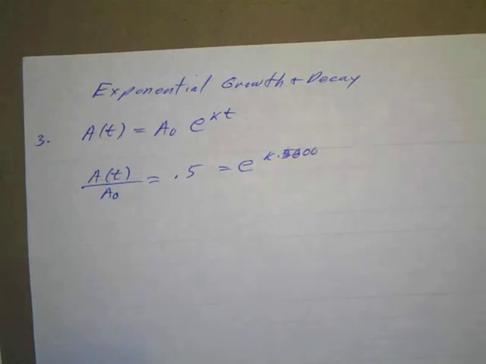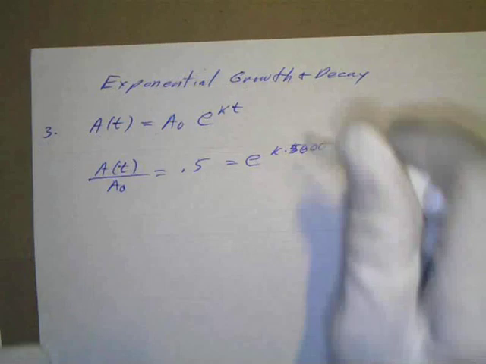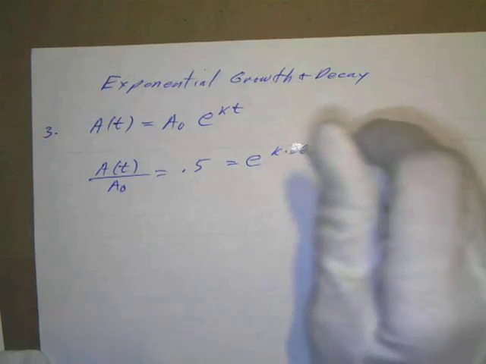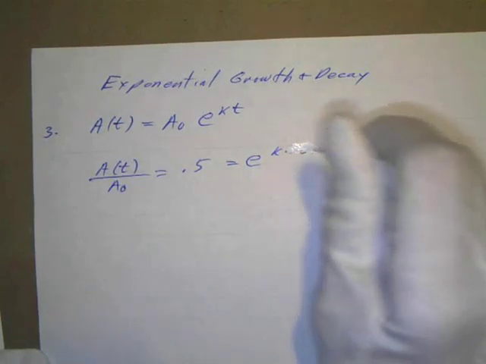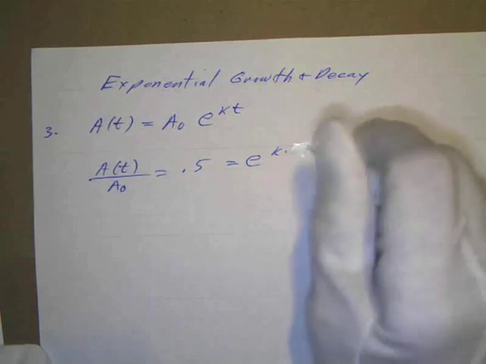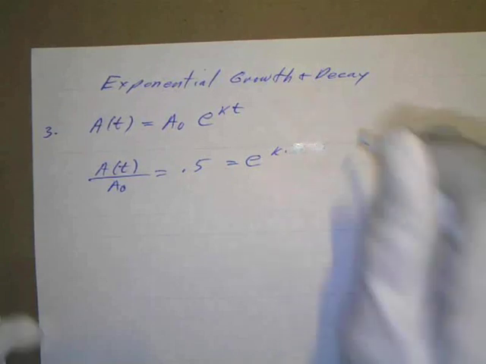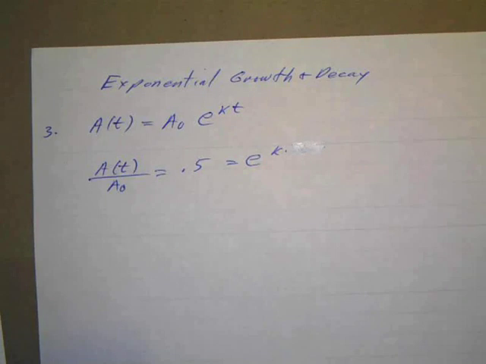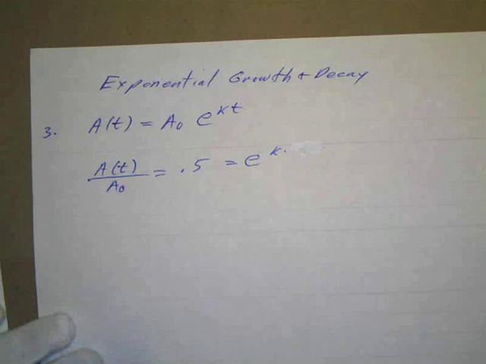For carbon-14, it's 5,600. So let's think about the last problem. The half-life of carbon-14 is 5,600 years, so that's going to be the time for me to have a ratio of 1 to 2, or 1/2. That's going to allow me to find my k.